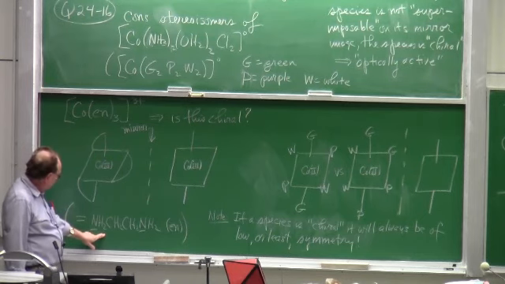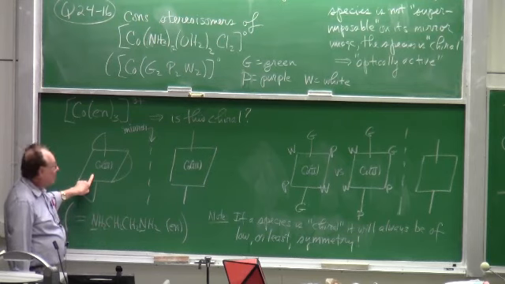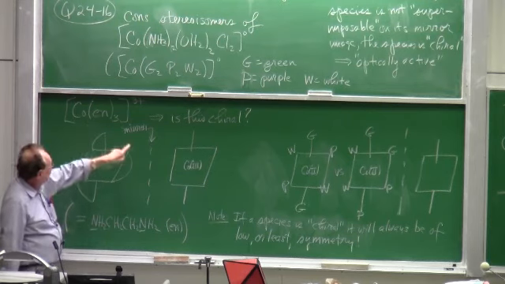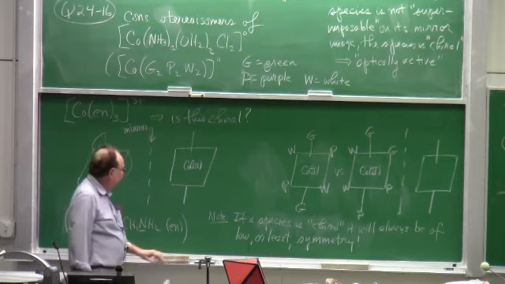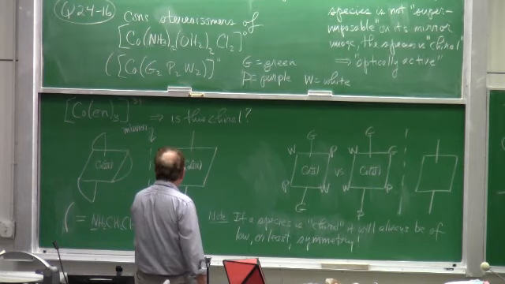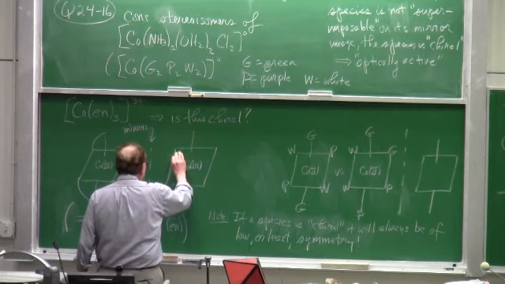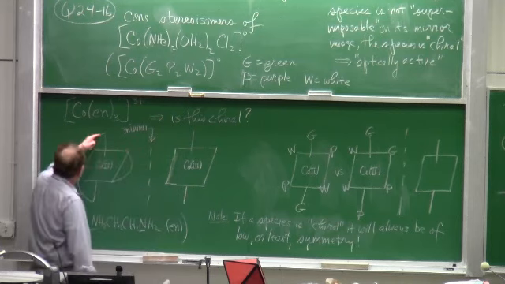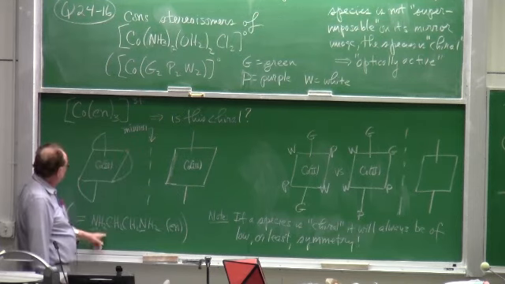We've introduced ourselves to this previously. And in these pictures of this complex, which is generally octahedral in shape, each of these loops represents an ethylene diamine molecule.